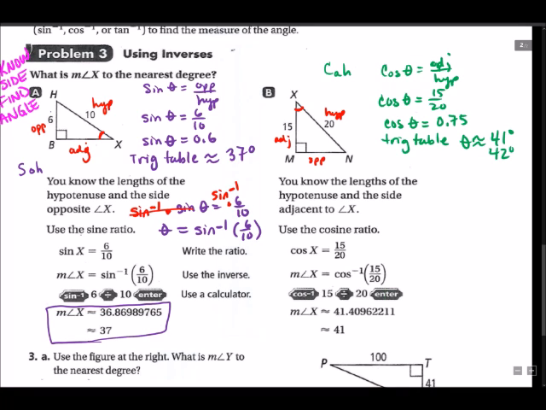Or we can do cosine theta equals 15/20, and you can leave it as a decimal if you want.